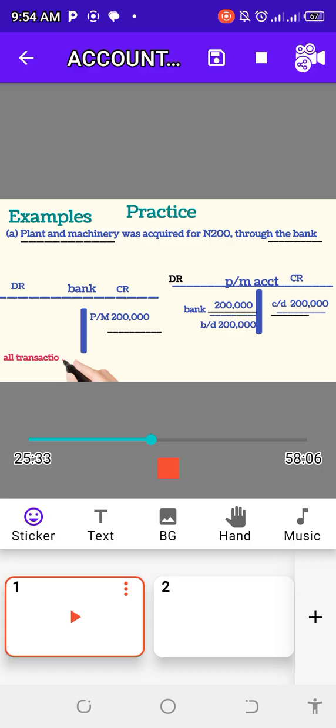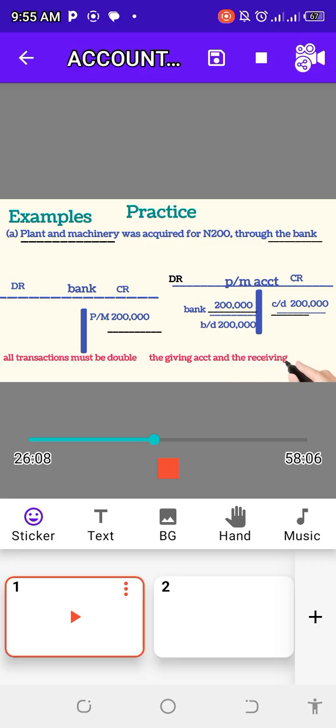Now, this means all transactions must be double. All transactions must be double. That is double entry. One account gives and the other what? Receives. The bank account gives out value and plant and machinery account receives.